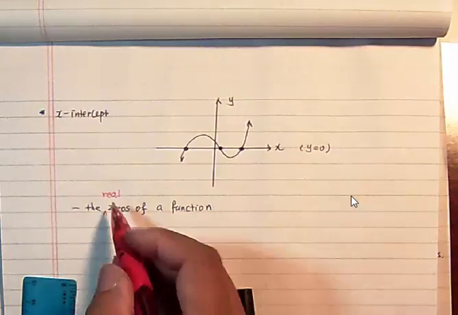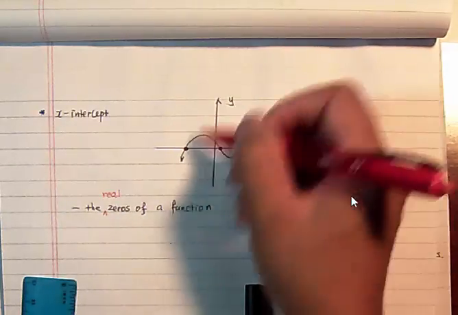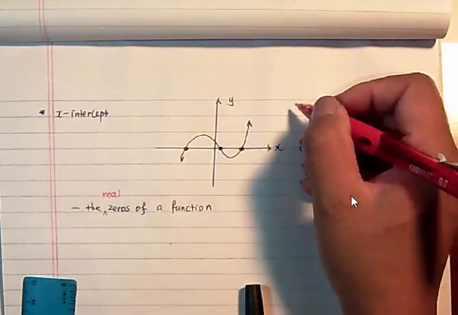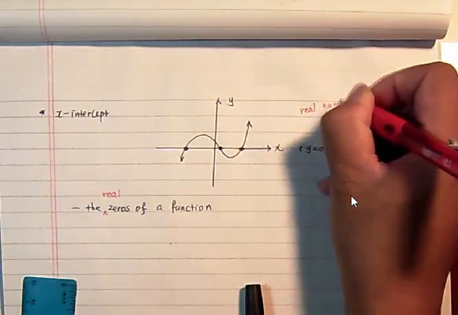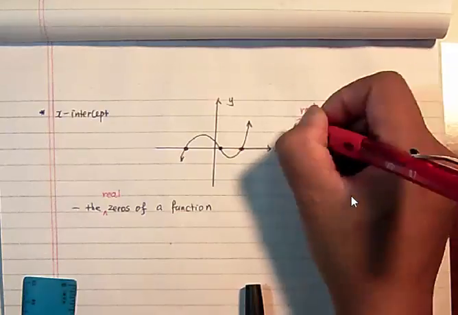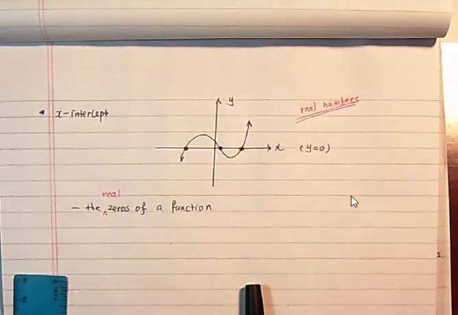Why do I add that? In this graph, all the numbers belong to the set of real numbers. Real numbers are the numbers including integers, natural numbers, whole numbers, rational numbers, irrational numbers.